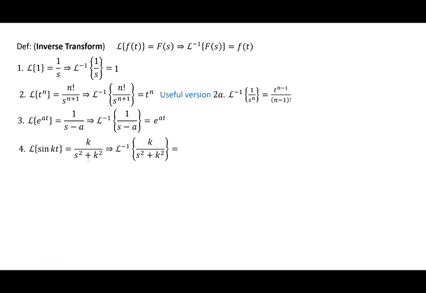Sine kt. Laplace is k over s square plus k square. Laplace inverse of k over s square plus k square should be sine kt. But I'll submit to you that nobody is going to make sure that you have a perfect nice k on the top. That k could be whatever they want.